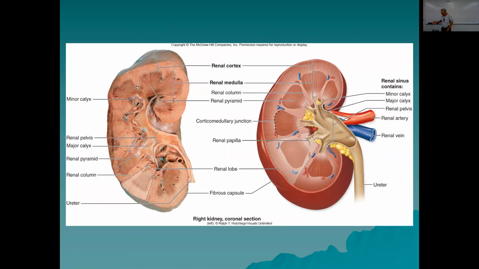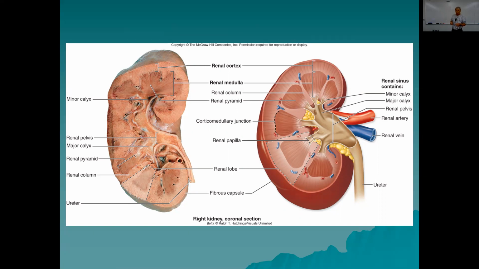Here's a cross section of a kidney diagram on the right, a real kidney on the left, and you can see the cortex and medulla. And there are different structures. This cortex and medulla is made up of different structures of the nephron. The nephron is the functional unit of the kidney that actually makes urine.